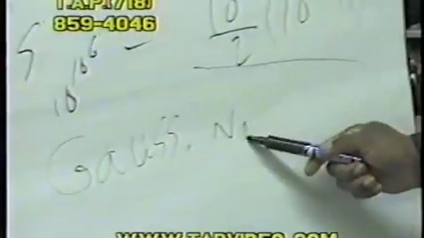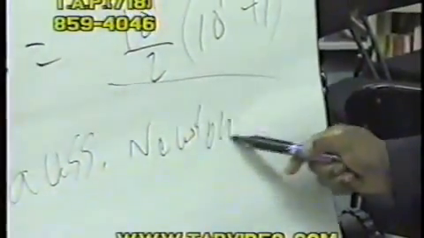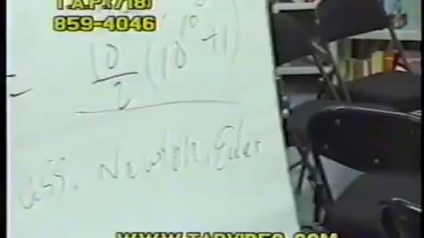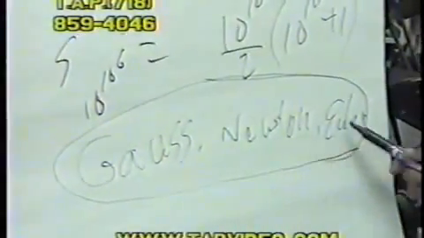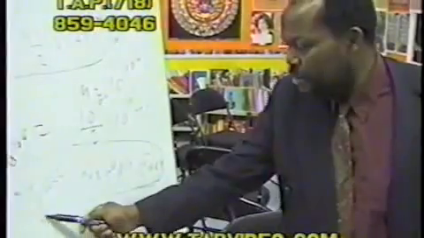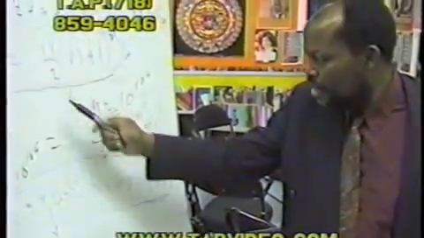But he says Gauss is considered, along with Newton and Euler, of course, he was a European, these are the greatest mathematicians of all time: Gauss, Newton, Euler. And this guy came to fame by finding this formula.